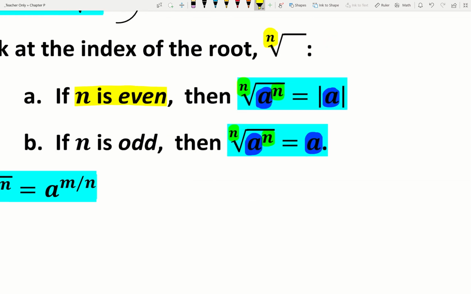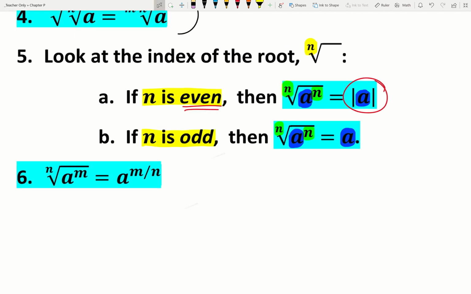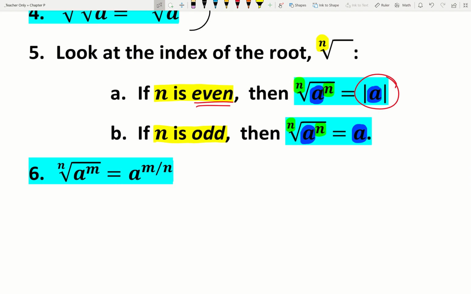So for that reason, one of the things you're going to have to pay attention to especially is if that index number is even, we do need to include a set of absolute value bars to just make sure that we represent that our result ends up being positive instead of negative in that case. It turns out that if that n number is odd, you don't necessarily need to worry about that. You don't need the absolute value bars at all. So again, that's something we're paying attention to when we move on to simplifying radicals.